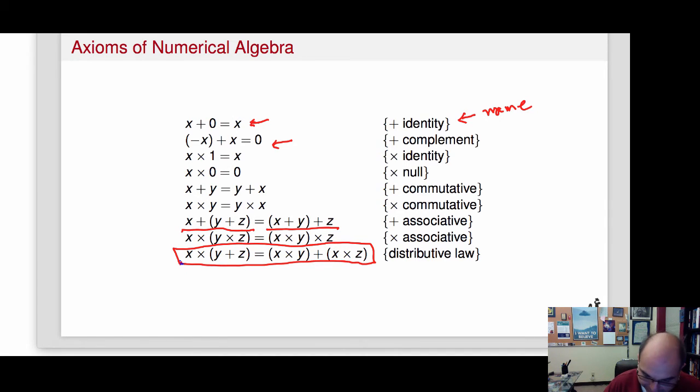I thought it was a little mysterious. But x times a sum, y plus z, is actually the same as x times y plus x times z. That's called the distributive law, and these are all the axioms of arithmetic that we actually need. So we can use them to do proofs like the one that we just did before.